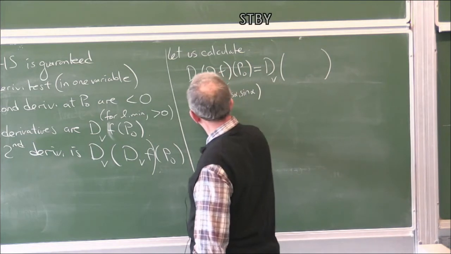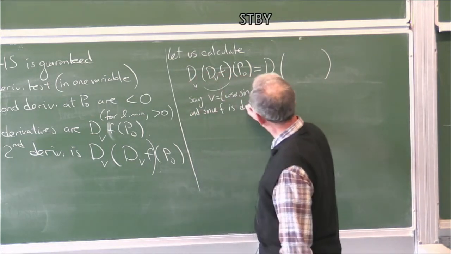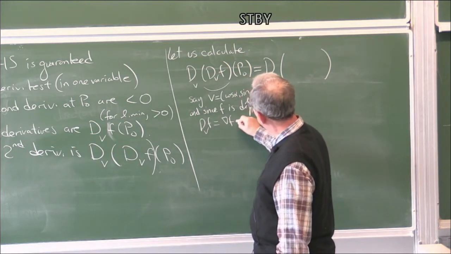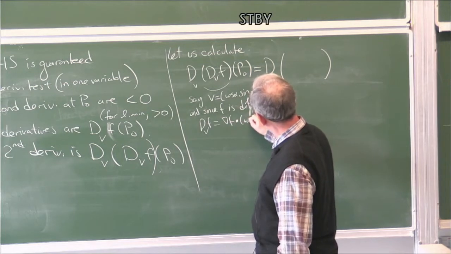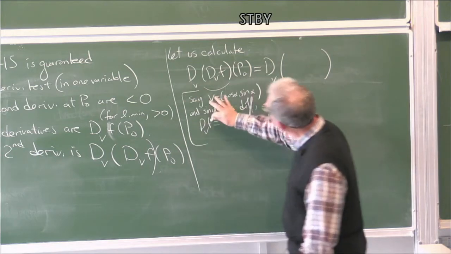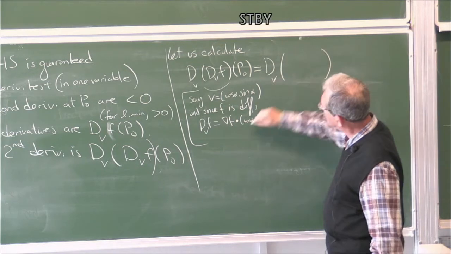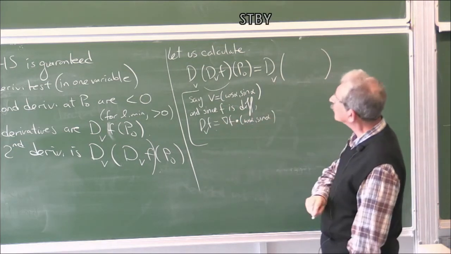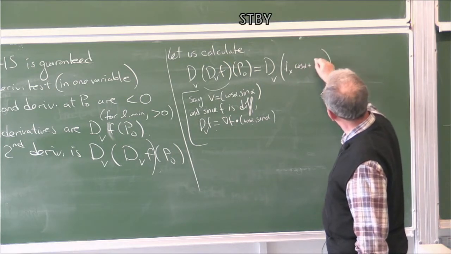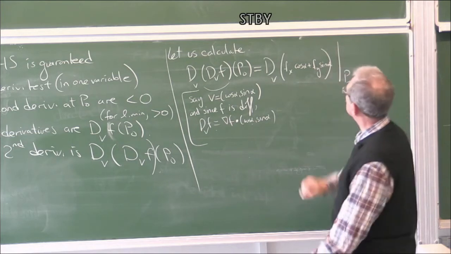And okay, since f is differentiable, d_v f is gradient f dot (cosine alpha, sine alpha). Now, using this, I can put here directly this dot product, that is f sub x cosine alpha plus f sub y sine alpha. Everything will be evaluated at P0.